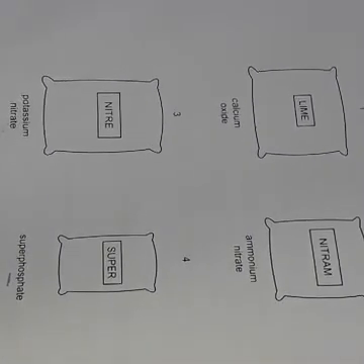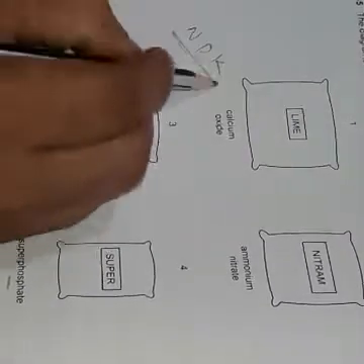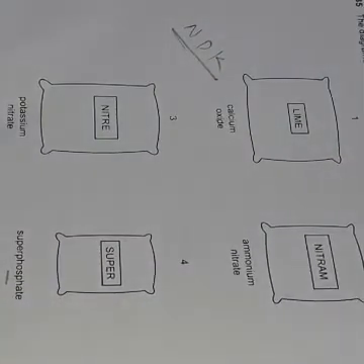A good fertilizer must contain NPK. You know it, NPK: nitrogen, phosphorus, potassium. So the question is asking which sacks should be mixed to get a good fertilizer. It must contain nitrogen, phosphate, and potassium.